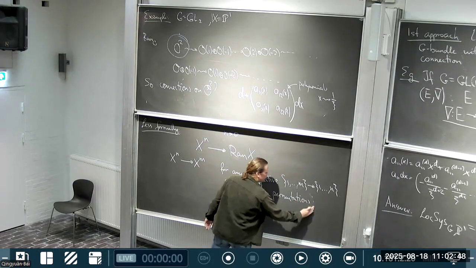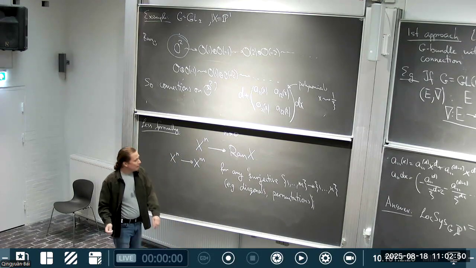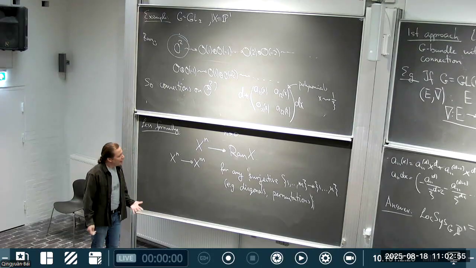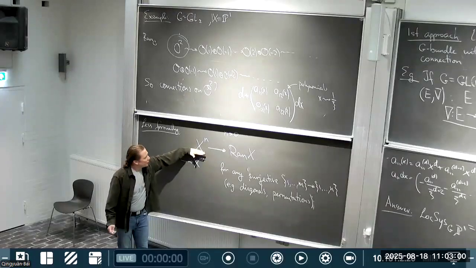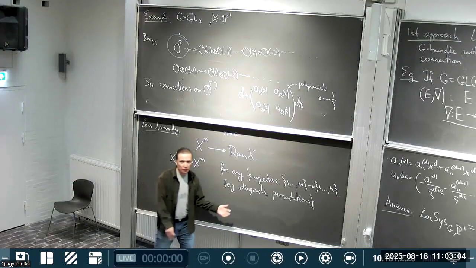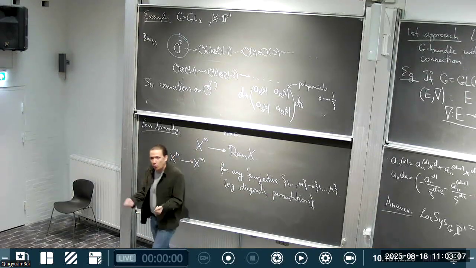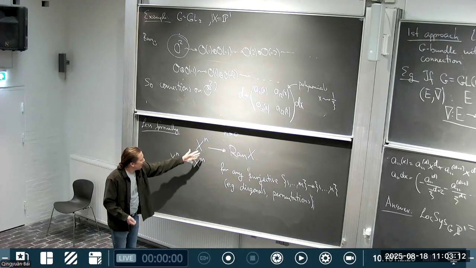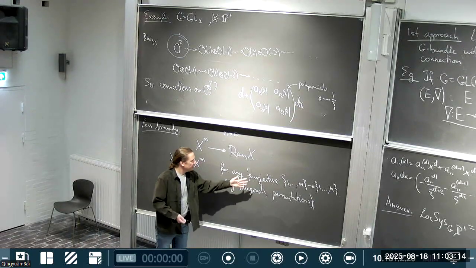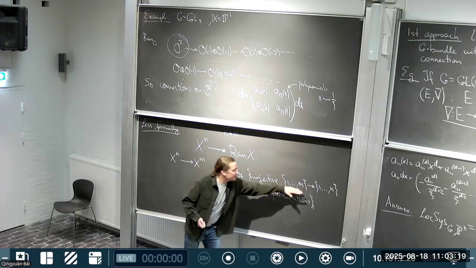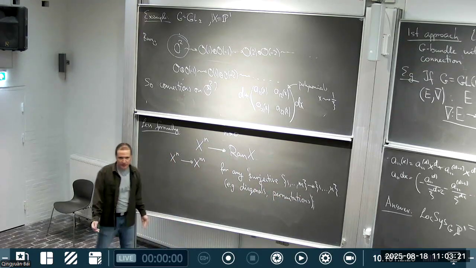And these maps exactly remove the difference between ordered sequences and subsets. Diagonals get rid of multiplicity, so to say, and permutations get rid of order. So a collection of points where you're allowed to apply this kind of reindexing is the same as a finite subset.